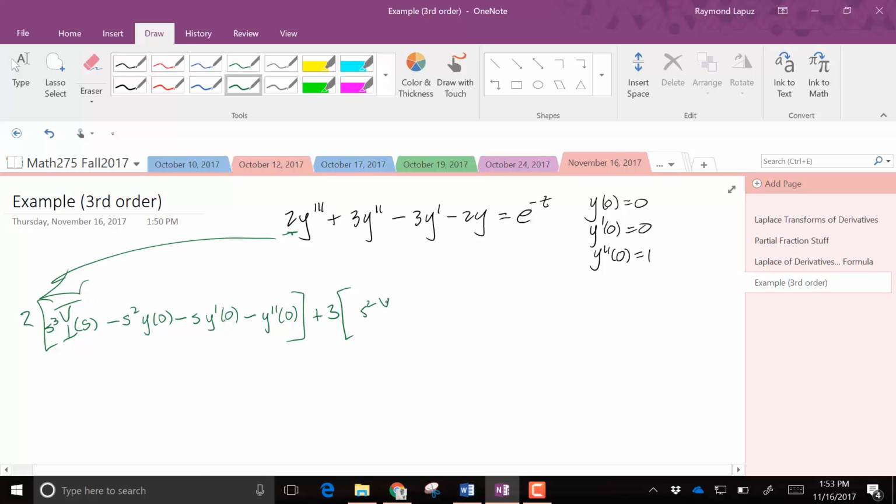All right, so we saw this one. It says s squared Y of s minus s times y of 0, little y, and minus s to the 0 power, and then y prime of 0. Minus 3, and then we have s Y of s minus y of 0.